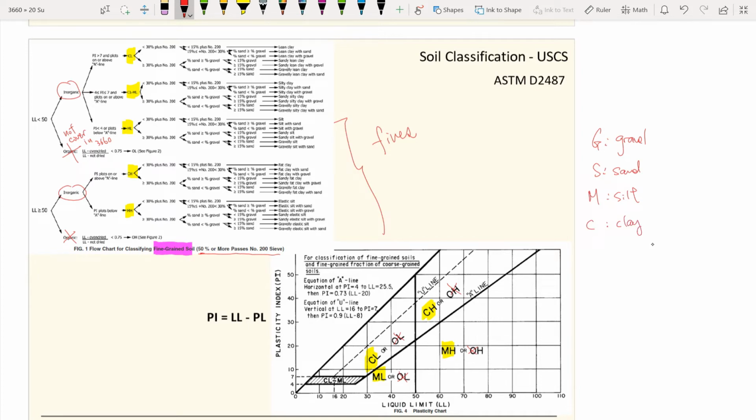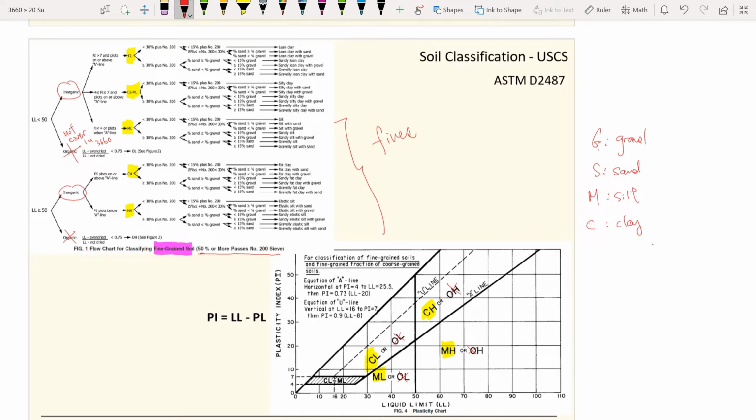This is the first letter of the group symbol. The second letter of the group symbol gives more elaboration, a further description: within gravel, what can it be? Within clay or silt, what can it be? That is pretty much the group symbols.